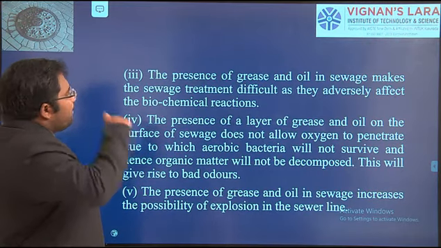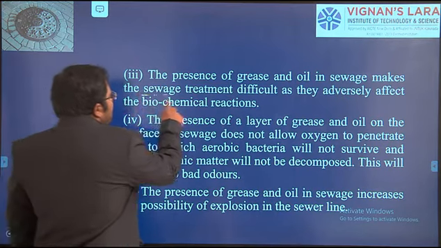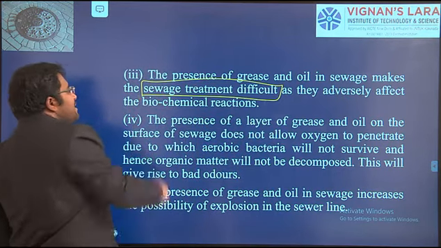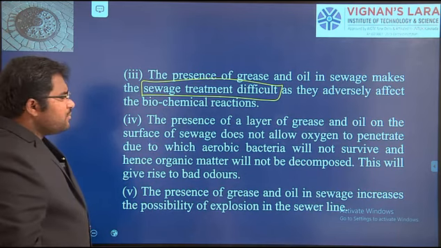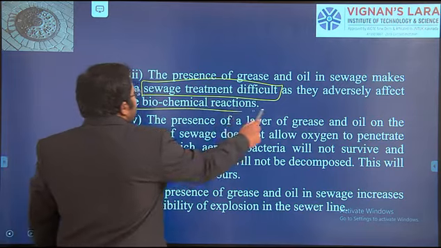Next, the presence of grease and oil in the sewage makes the sewage treatment difficult. This is the important point. They also adversely affect the biochemical reactions.